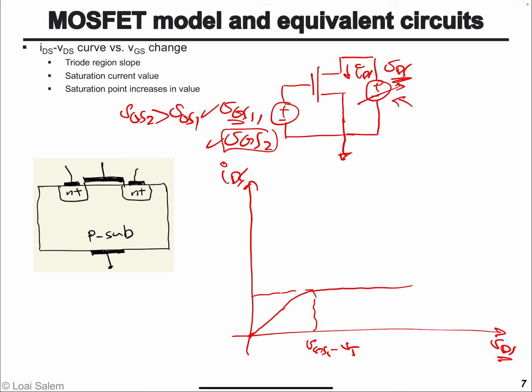So if it's larger, what will happen, the current will increase for the same drain to source voltage. So what I mean is, in the triode region, the current will be higher for the same VDS value. Say this is VDSA. So for the same VDSA, VGS1 causes a current here in the transistor, while VGS2, since it's larger, causes higher current for the same VDSA value. So essentially the current increases linearly under VGS2 and then until it saturates.